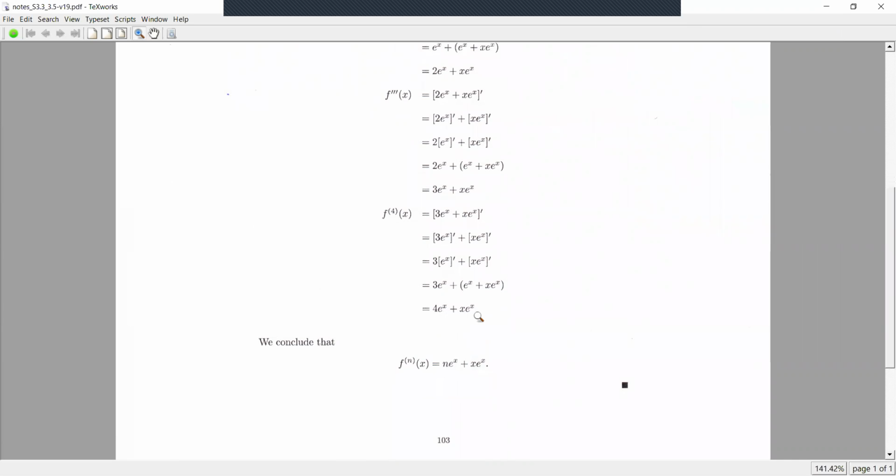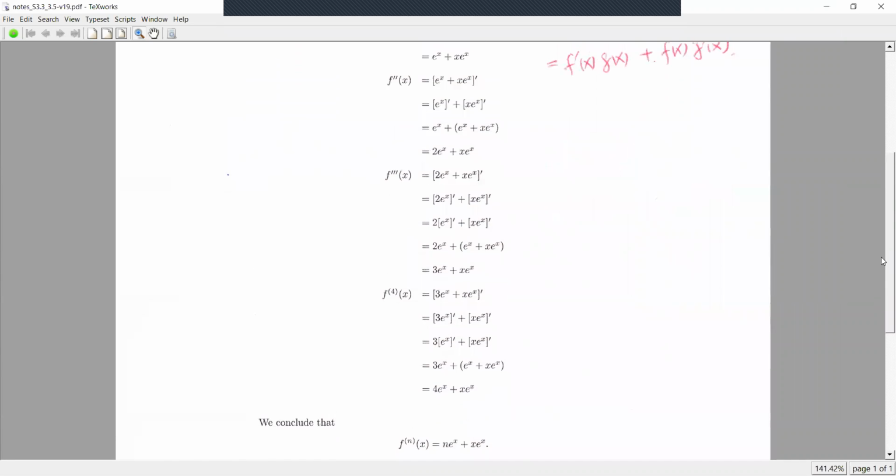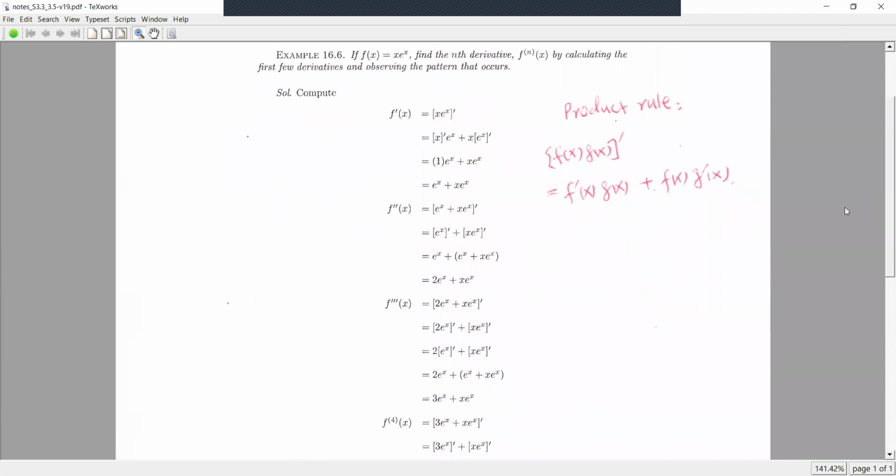Now, from the first 4 derivatives that we have computed, we can observe a pattern. The first derivative is e^x plus xe^x. The second derivative is 2e^x plus xe^x.